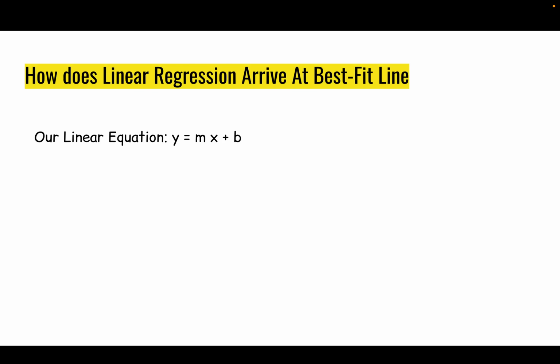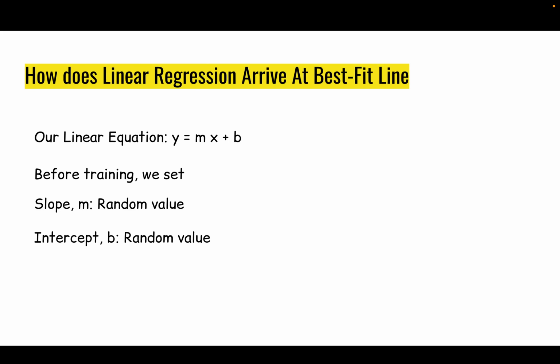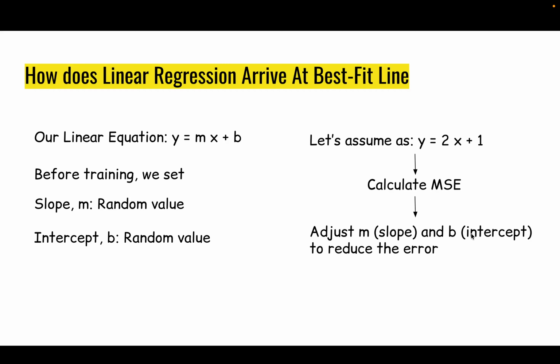Consider our line equation is y equals mx plus b, and before we train, we set m and b to some random values. Let's assume the slope is 2 and the intercept is 1. We put in some value for x, we calculate the MSE, and then we adjust the slope and intercept.